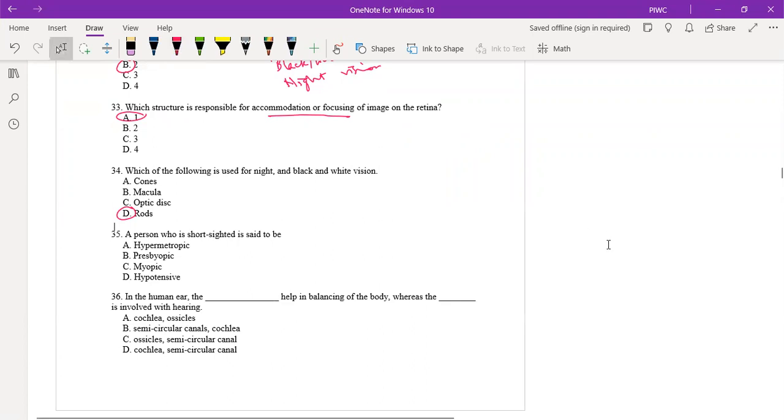Okay, so 35, a person who is short-sighted is said to be, think of your English words. This is like the vocabulary, root of words. Hypermetropic, presbyopic, myopic, hypotensive. Myopic.